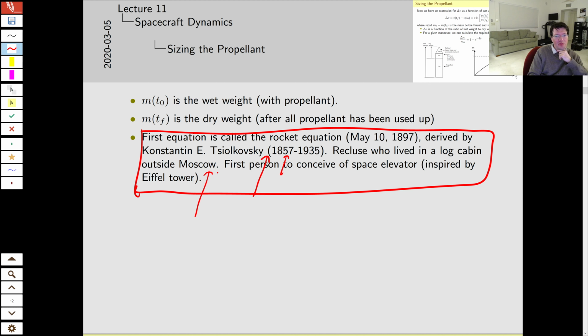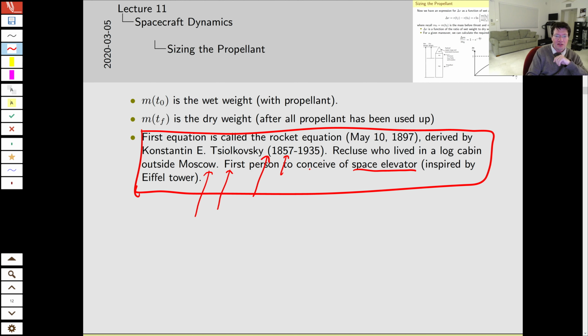Not quite the same as Hohmann, but also an idealist. And incidentally, of interest to us, he was also the first person to conceive of the idea of a space elevator. Space elevators use centripetal acceleration to get up into orbit to launch things as well.